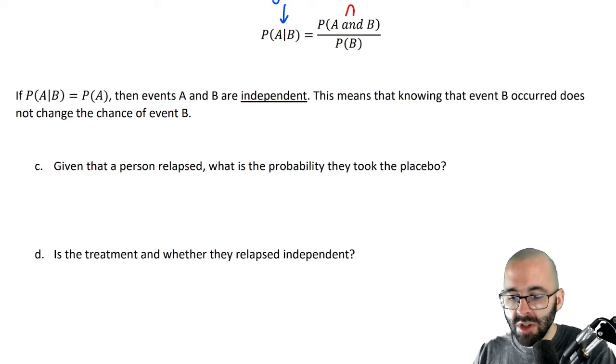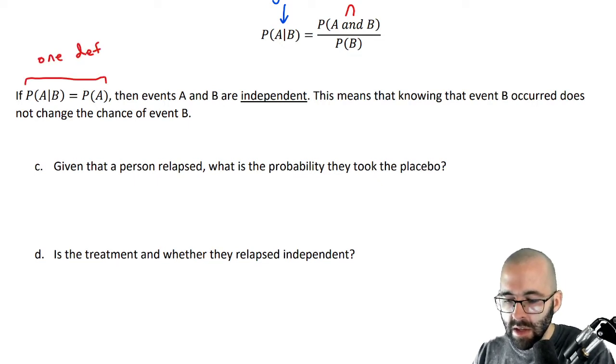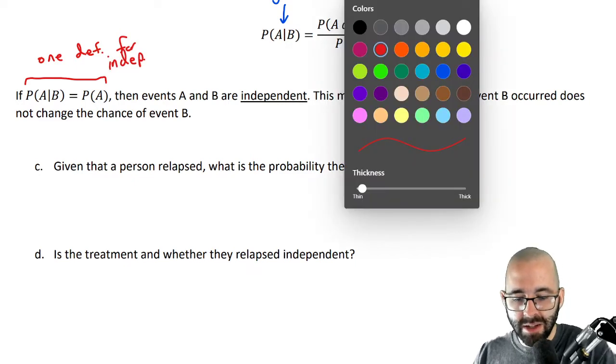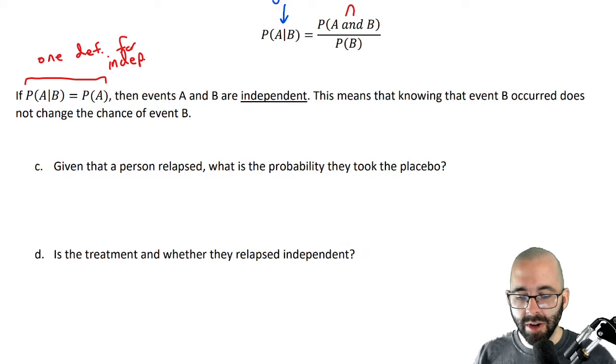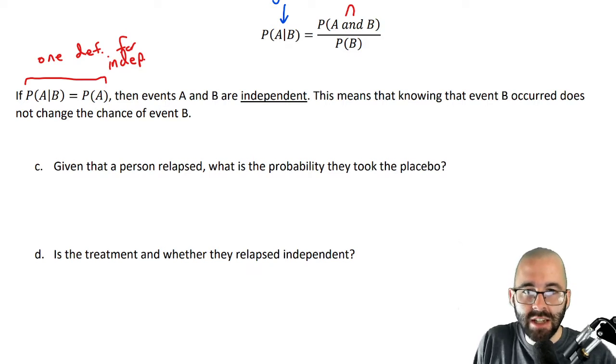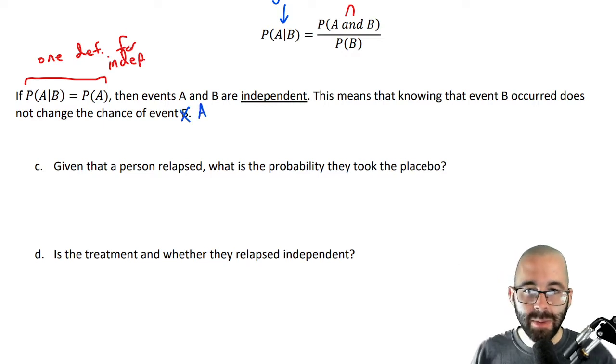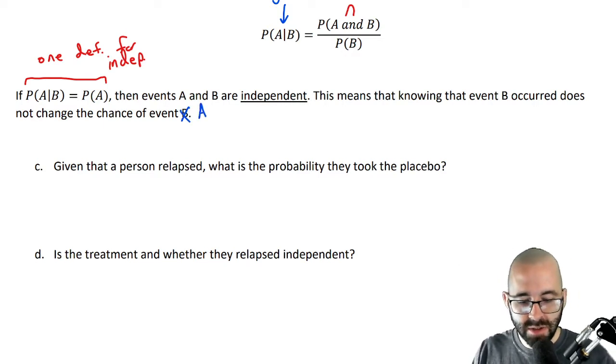This is one definition for independence. Let's go back to blue. It's a happier color. So this means that knowing that event B occurred does not affect or change the chance of event A. That's a typo. Okay, so let's do some more problems with this.